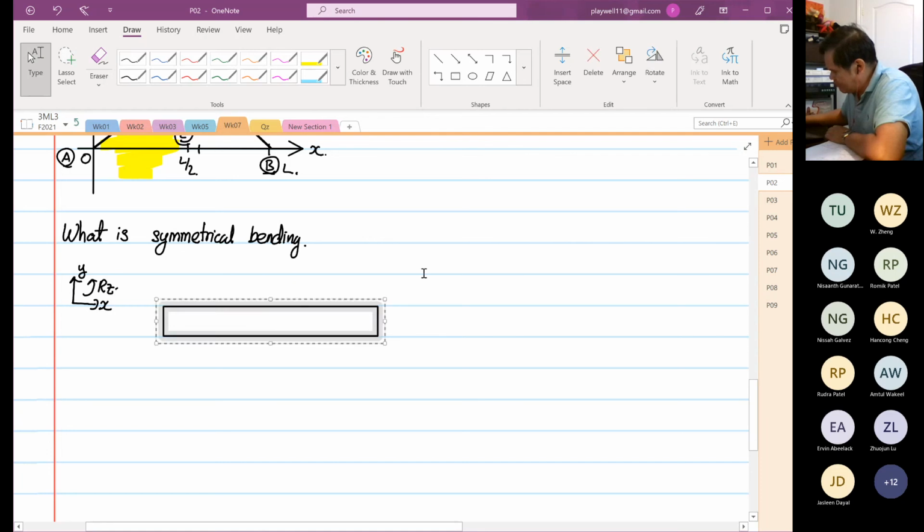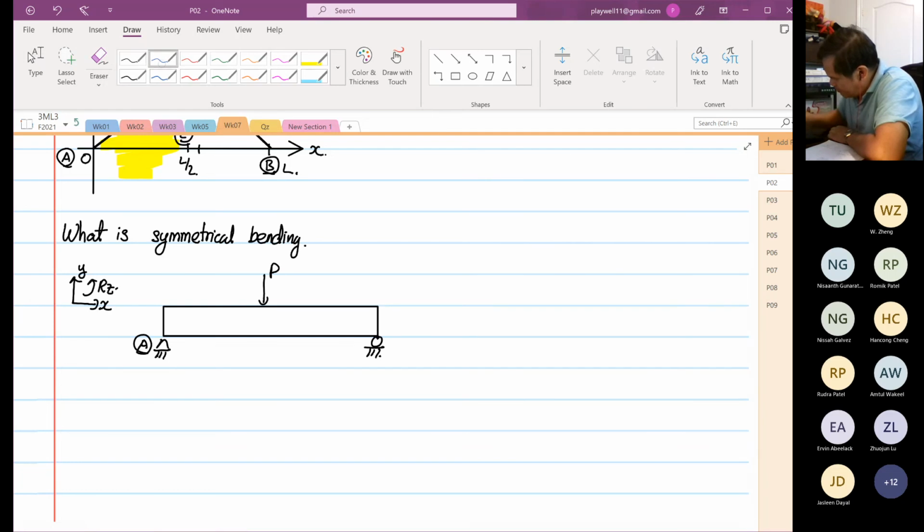We have the same thing like before. We have point A. I'd rather draw the structure, and then we have a distance.